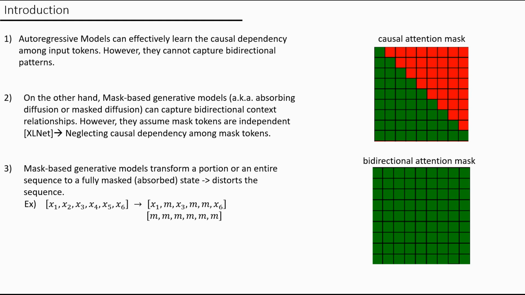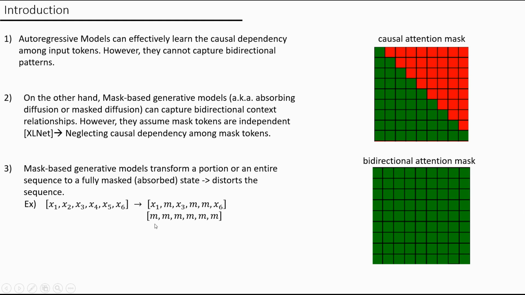Additionally, mask-based generative models use only a single mask token in order to mask or crop the input sequence. For example, if our input sequence has a length of 6 and we mask 50% of the input sequence, we get something like this.